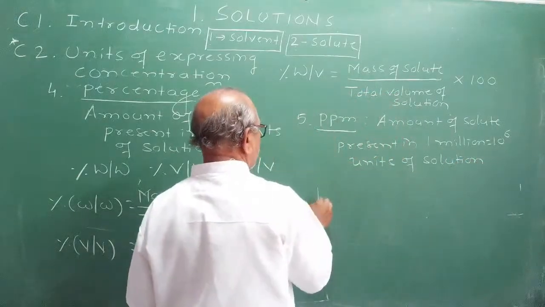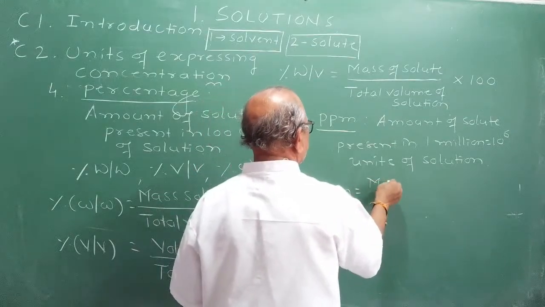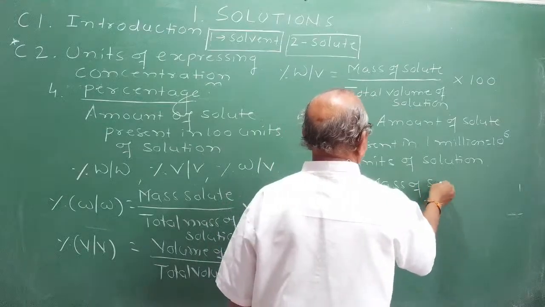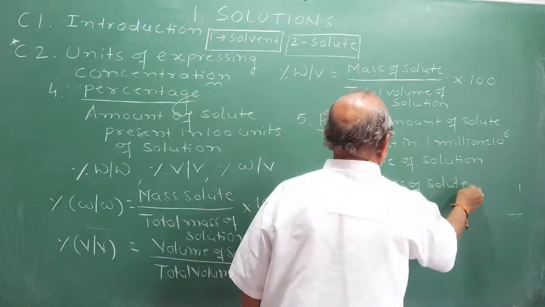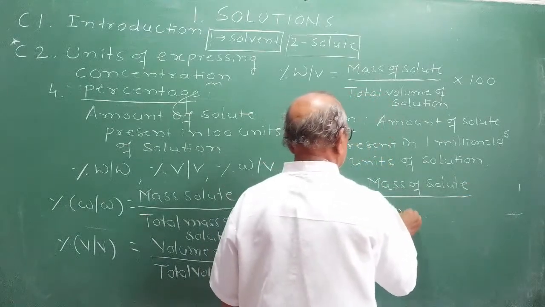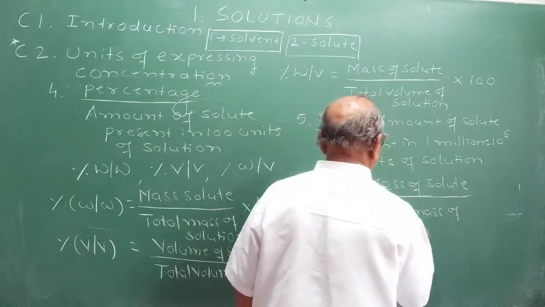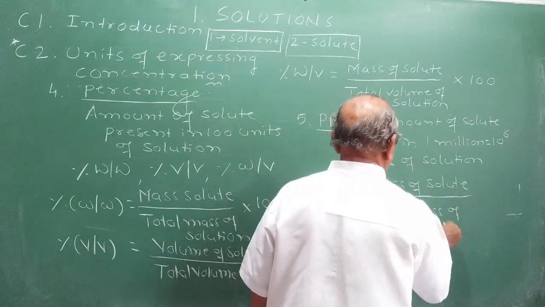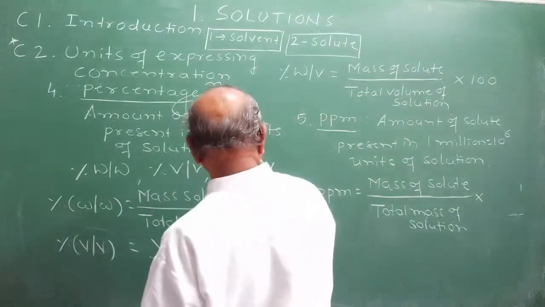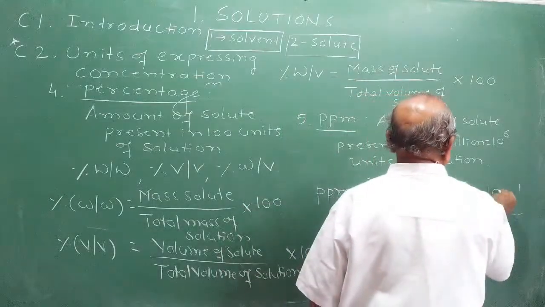Therefore, parts per million is represented as mass of solute divided by total mass of solution, into 10 raised to 6. Like for percentage you are taking 100, for million you are taking 10 raised to 6.